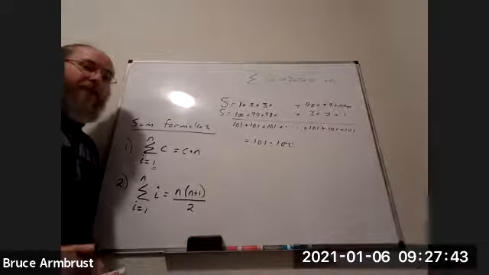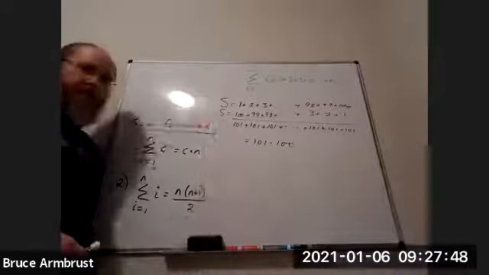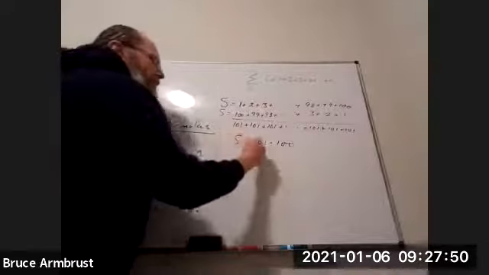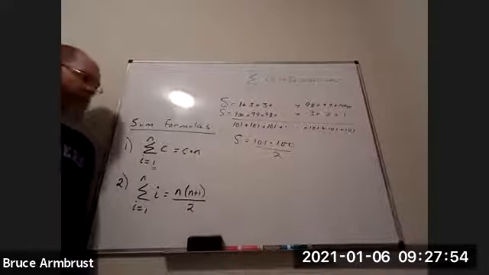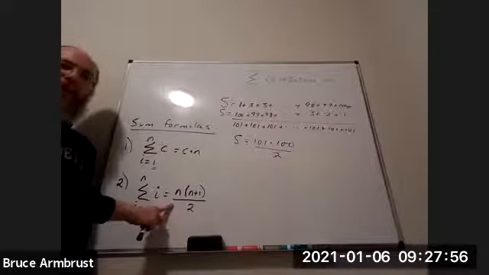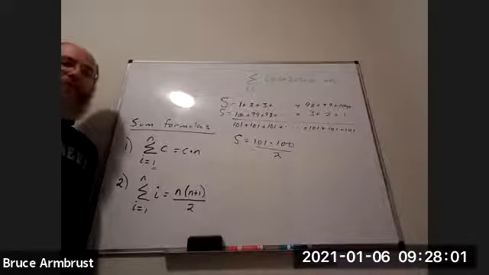But that's actually double what our answer is, right? That's 2 of these things. So what we have to do is divide by 2. And check it out. That's exactly what this formula is when n is 100. It's 100 times 101 divided by 2.